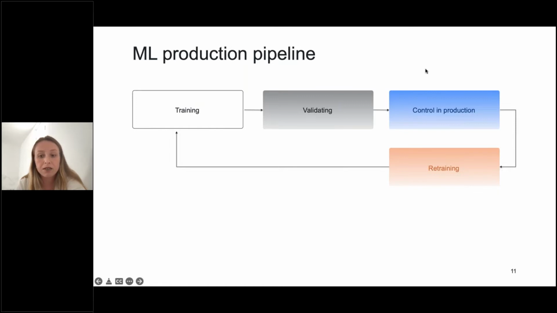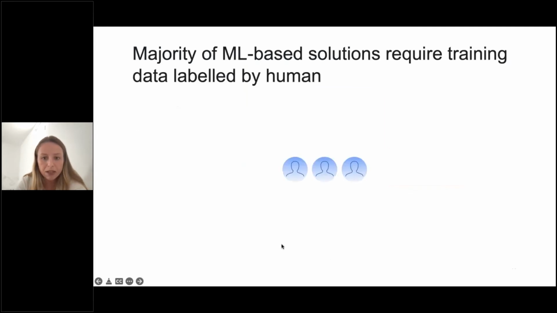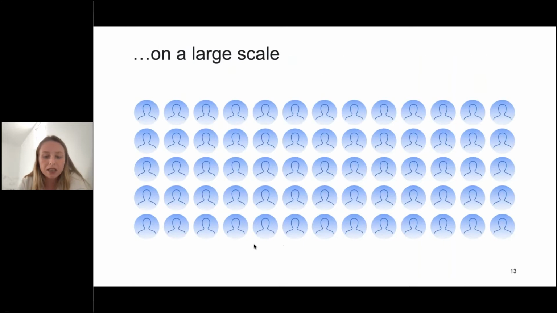And if they deviate, somehow we retrain our algorithms, and kind of this cycle continues. However, what many people do not realize is that all of those steps require human labeling. And this is not just a few human labels. Actually, it's human labeling on the large scale.